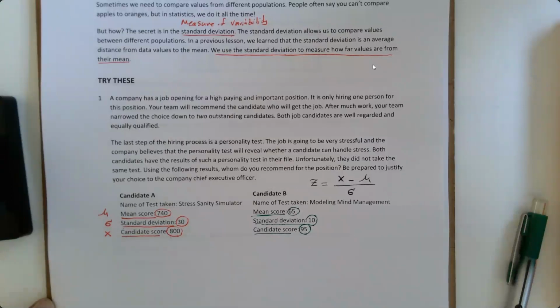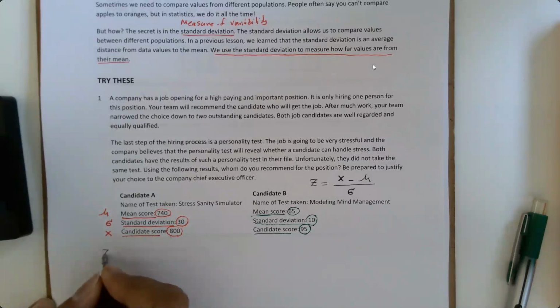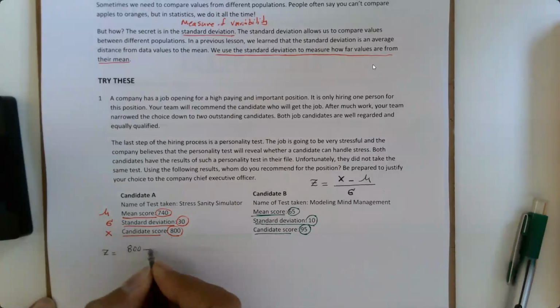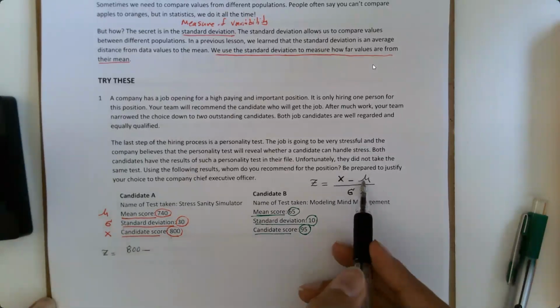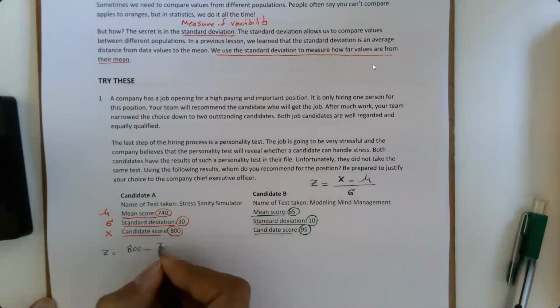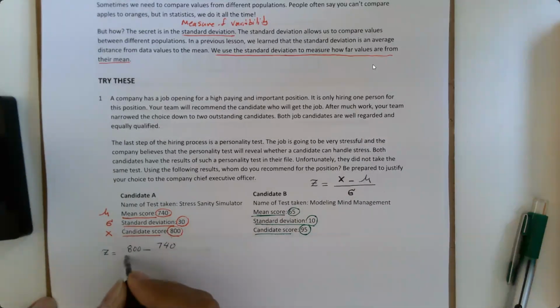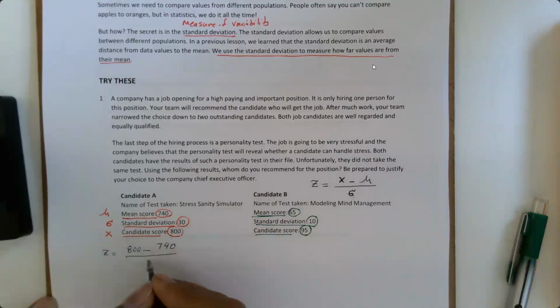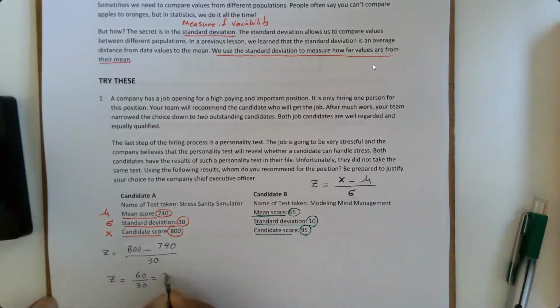So our Z is equal to X, 800, minus the mean, 740, divided by sigma, which is 30. So z-score for the first candidate is going to be 60 divided by 30 or 2.